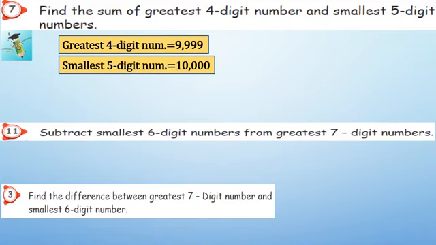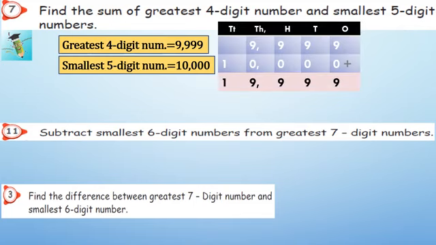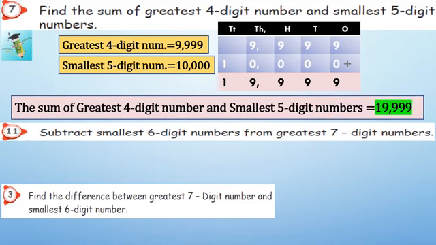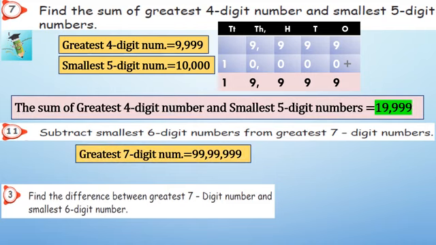The smallest is 10,000. So we just have to add. Why? Because it says find the sum, and sum means we have to add. If we add both, this is the answer, that means 19,999.